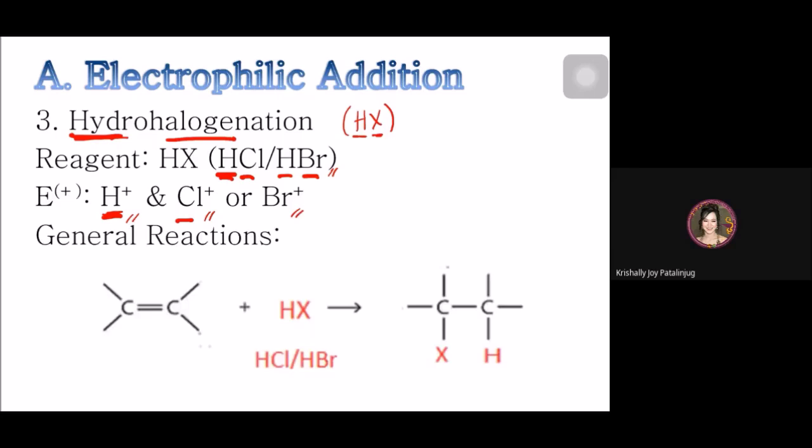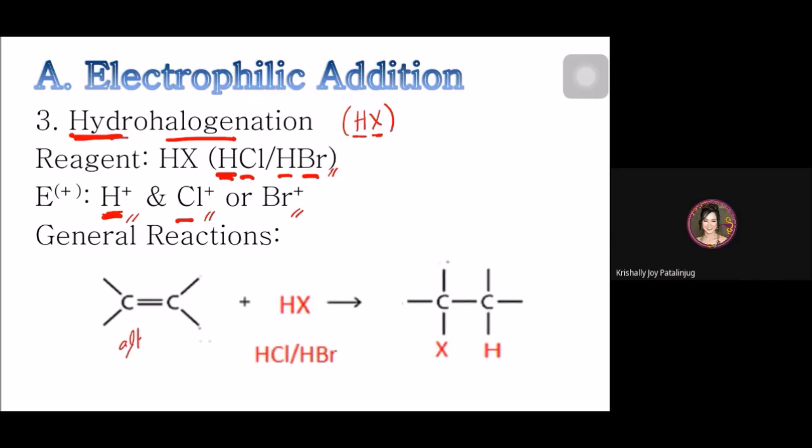Okay? So, general reaction, you have an alkene, any alkene. So again, sa any alkene, ang reactive site is the carbon-to-carbon double bond. Now, upon addition of a hydrohalogen, it could be hydrogen chloride or hydrogen bromide. Usually, this occurs in the presence of ether, by the way. Okay?